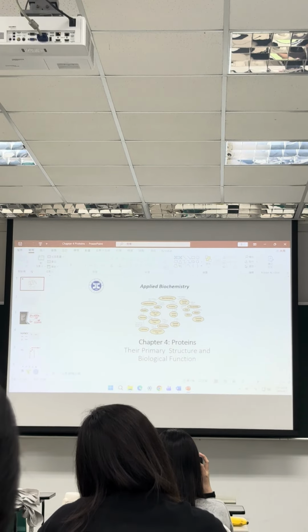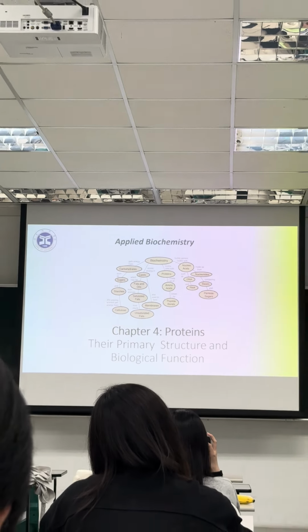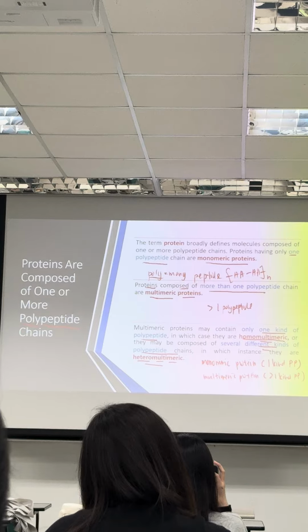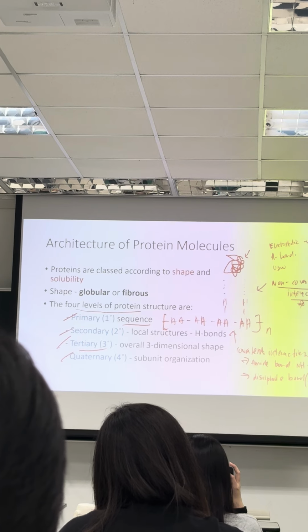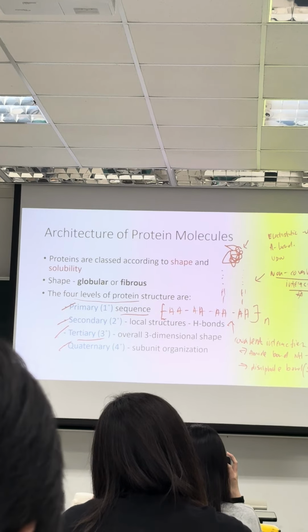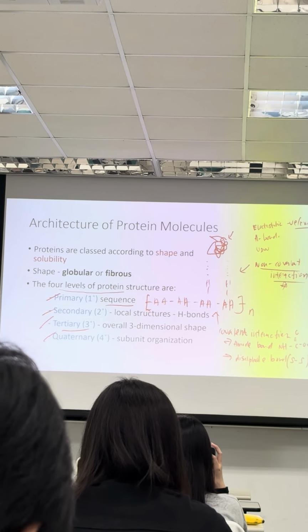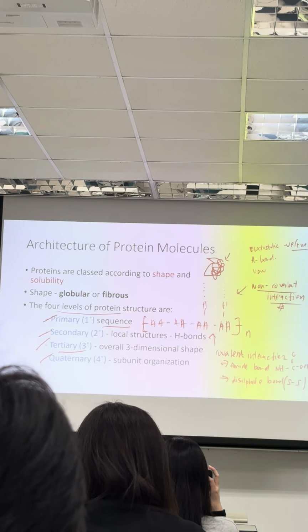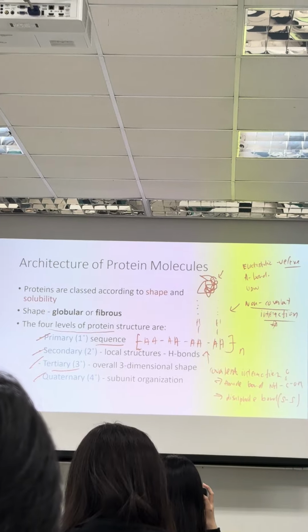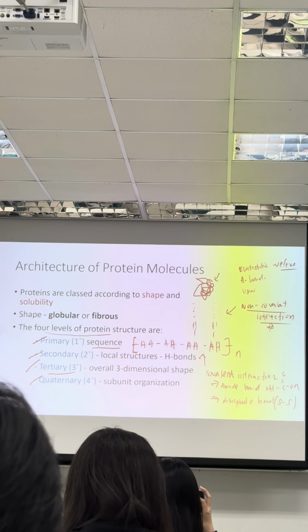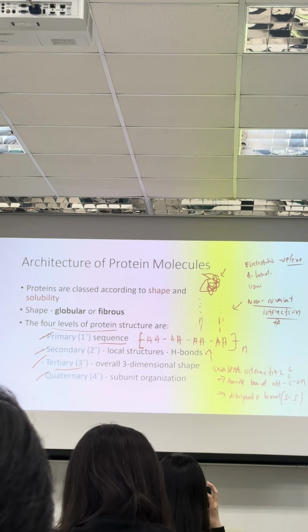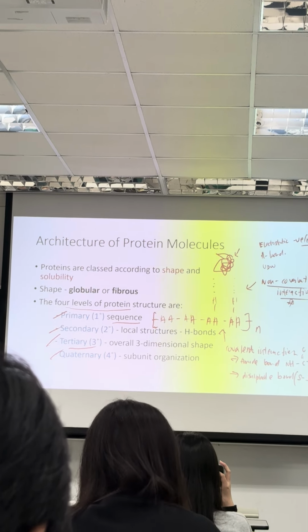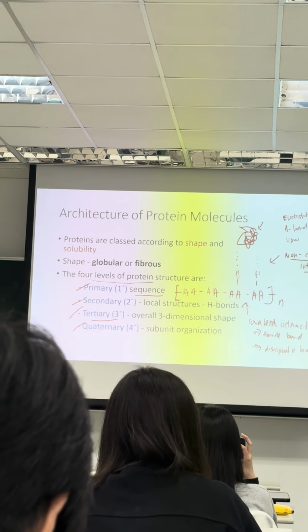Okay, proteins. Please take note of this part, the architecture of proteins. How many levels do we have? 4 levels: primary, secondary, tertiary, quaternary. We have gone through each of the levels.